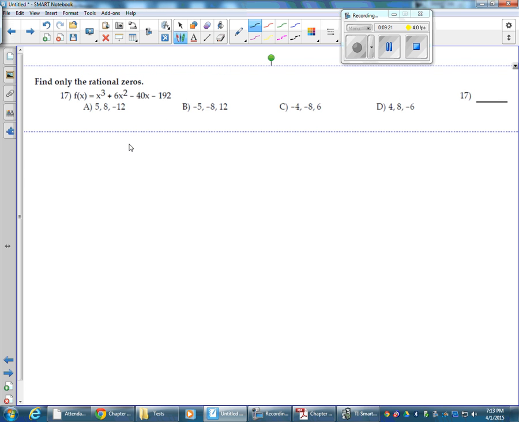Find only the rational zeros. So again, I'm looking for the factors of this last number divided by the factors of the first number, which is just going to be 1. So the factors of 192 are 1 and 192. Let's see, 2 and 96, I think. 2 and 96.